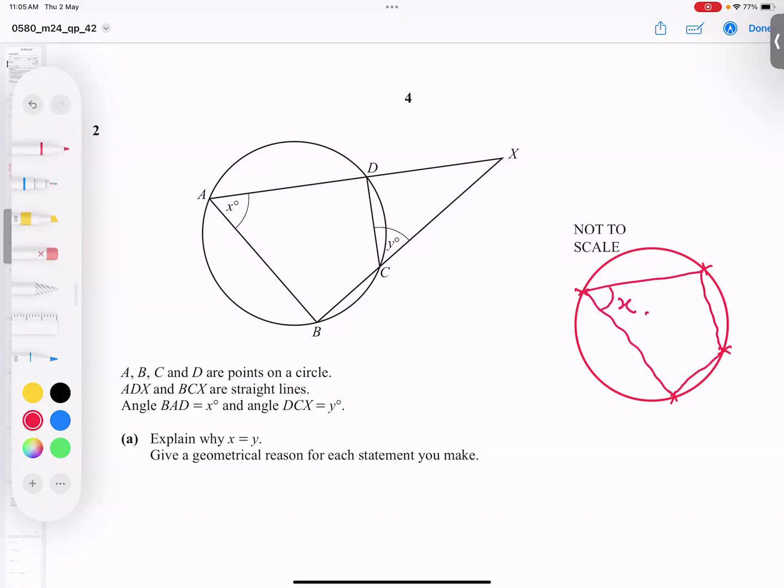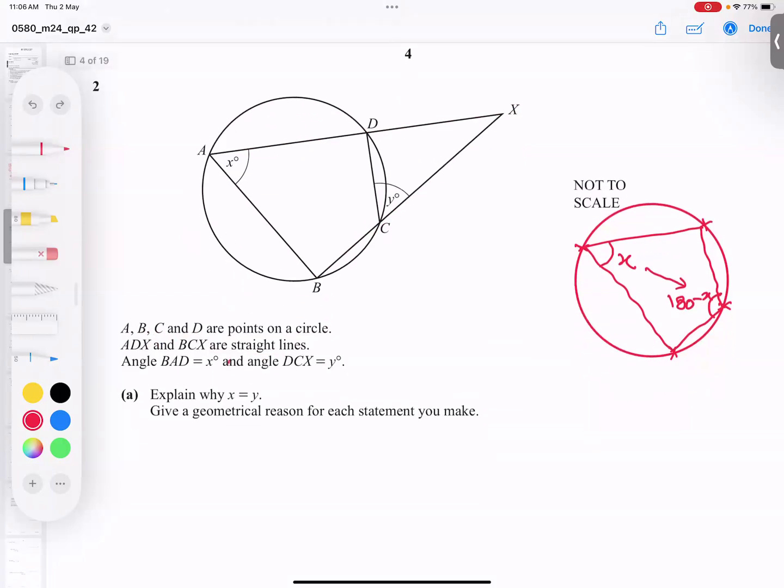If this angle is x, understand this angle will be 180 minus x. This is a cyclic quadrilateral. I understood up till now that the four points lie on the circle. He said that ADX and BCX are straight lines. I think this is very clear, two straight lines.